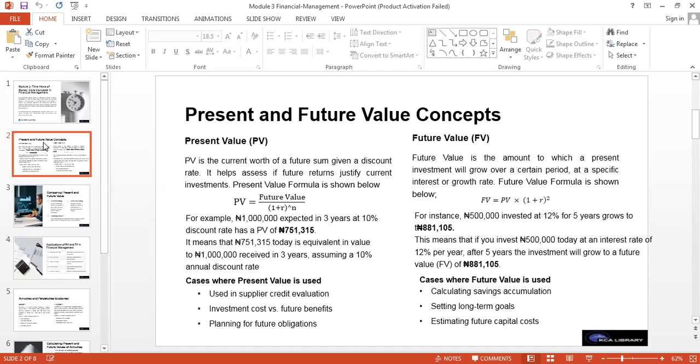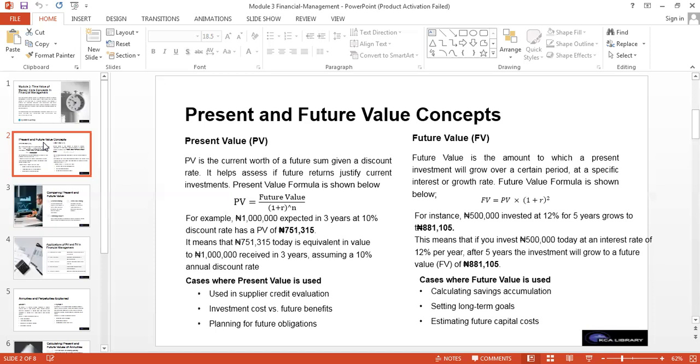We see the formula for PV there, which is the future value over (1 plus R) raised to power n. For example, where there is 1 million naira expected in 3 years at a 10% discount rate, the PV will be 751,315. What does this mean?